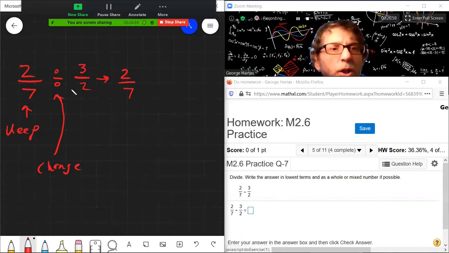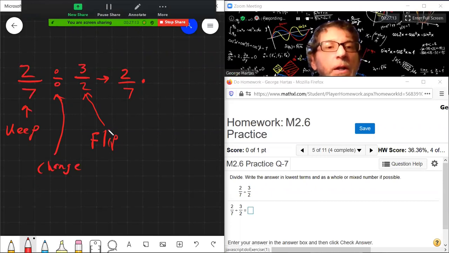I'm going to change division to multiplication, and I'm going to take the reciprocal of, or flip, the right-hand fraction. So this becomes 2/3. Now, if we could reduce here, we would be able to, but we can't.